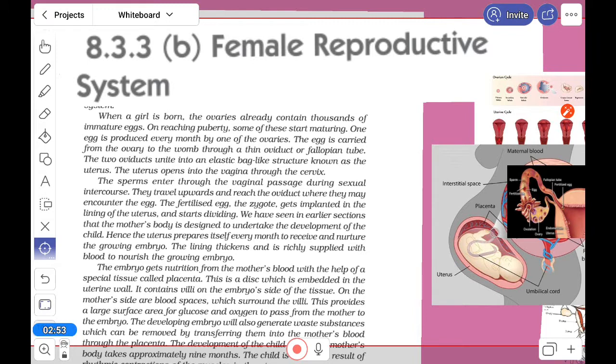Now, a very interesting fact: when a girl is born, the ovaries already contain thousands of immature eggs. I just want to explain this fact. I'm taking one board.